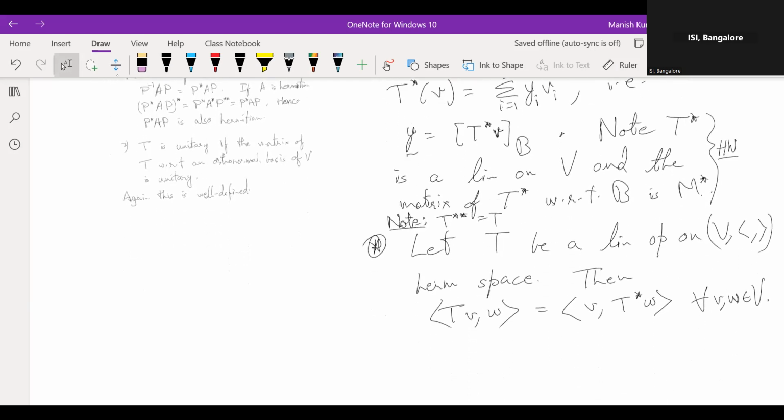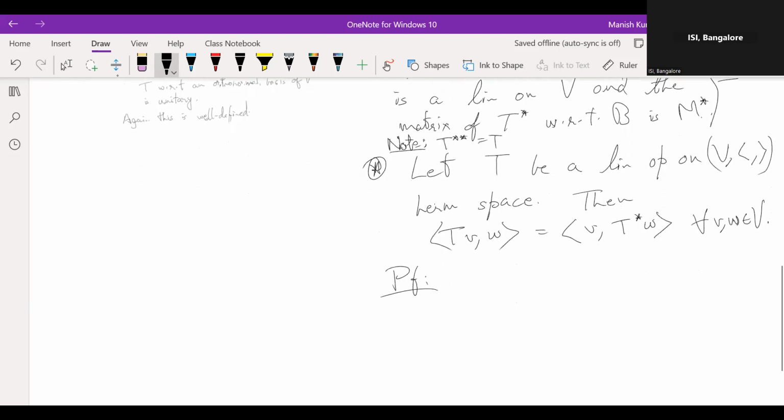Proof of this fact. This is basically why it is called adjoint in some sense. Adjoint is a notion which has this kind of property. If you move T to the other side, you'll have to change the operator by what is called the adjoint.